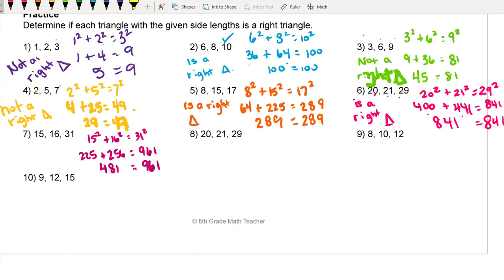This is not a balanced equation, so this is not a right triangle.